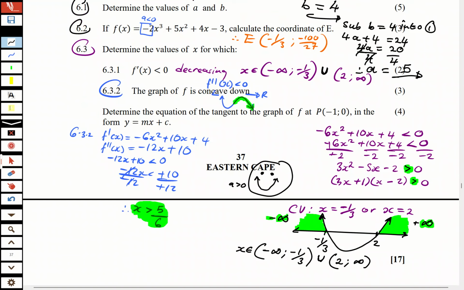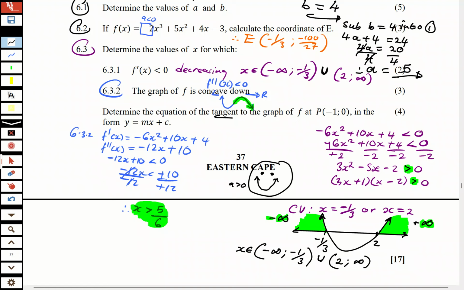Guys, if you have watched my videos from part 1 and now part 2, you understand what we are dealing with here. Whenever they talk about the tangent, what is the first thing that should come to our mind? The first derivative. No?